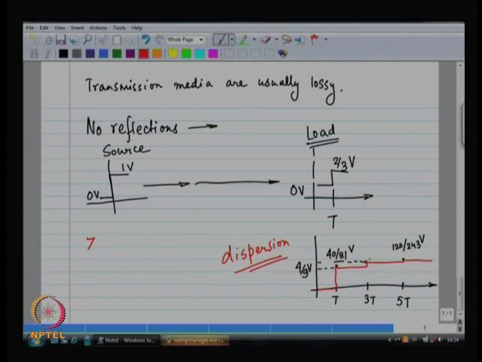Okay. Now, something else happens when you manage to do so. This is something that we like. Now, suppose by some quirk of fate ZL is not exactly equal to Z naught.